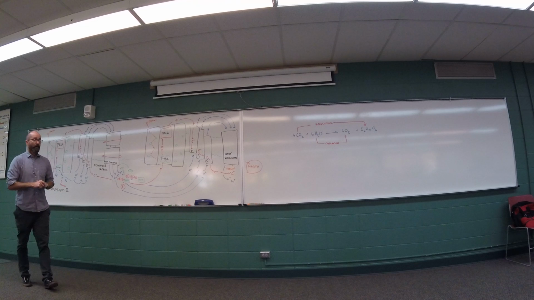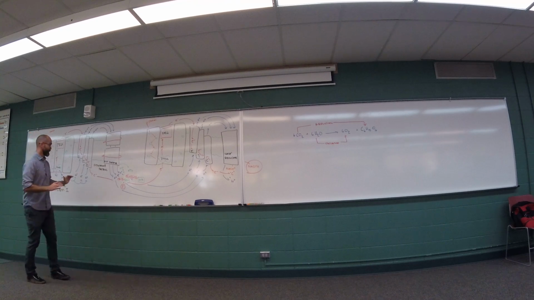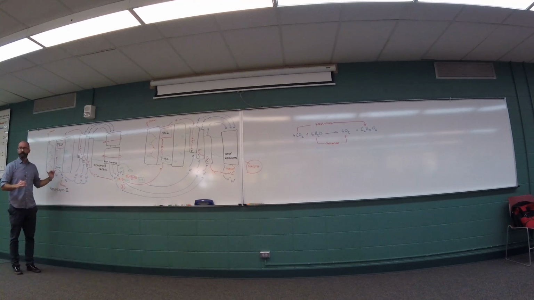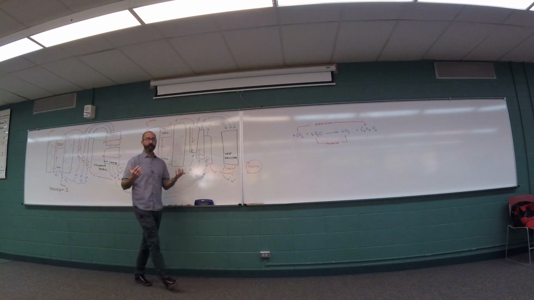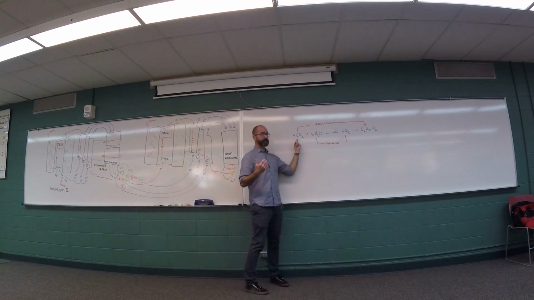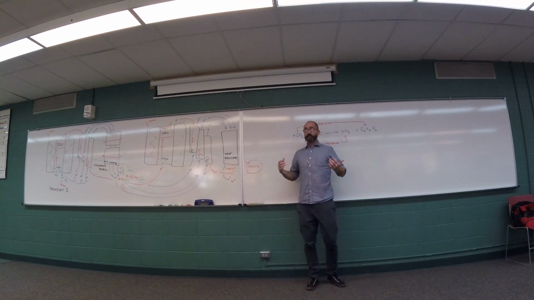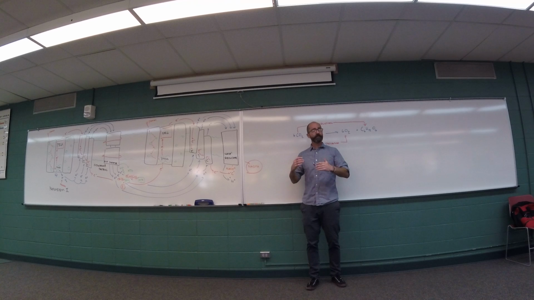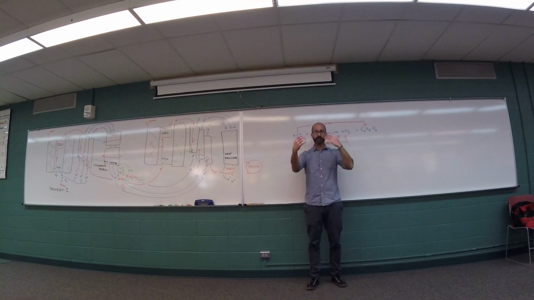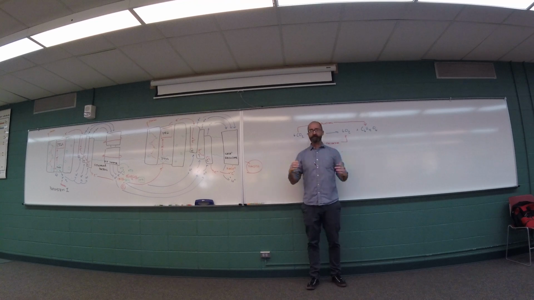Okay, so the oxidation happens right here, right? And ultimately what we want to do is reduce carbon dioxide into sugar. And the source of the electrons for that reduction reaction, and please remember, reduction just means you're taking electrons, you're consuming electrons. The source of those electrons is what?